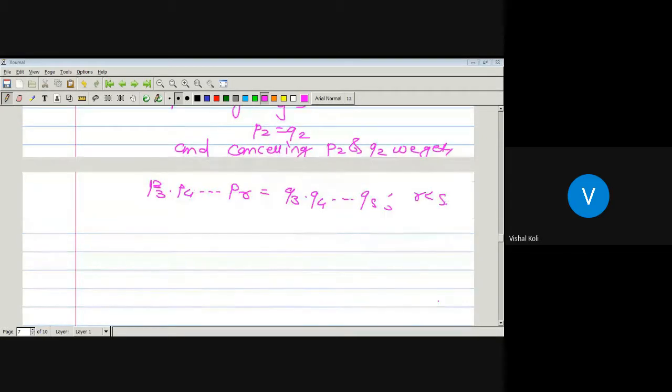Okay, but as R is less than S, then after some finite number of steps all the Ps are cancelled, and here we will get the remaining terms.